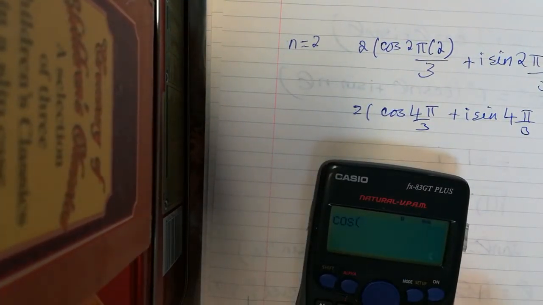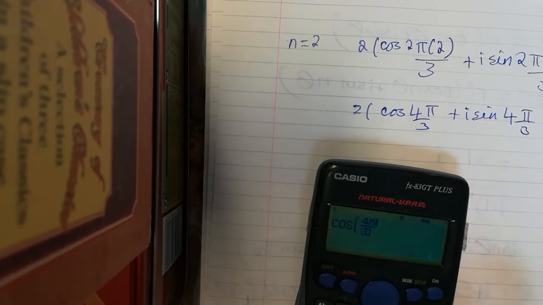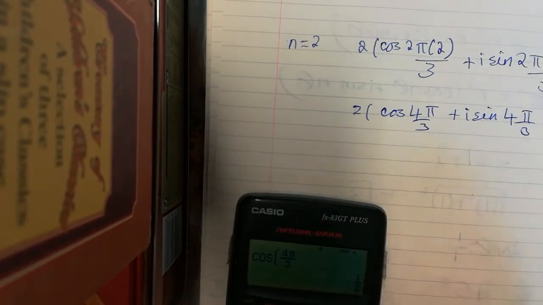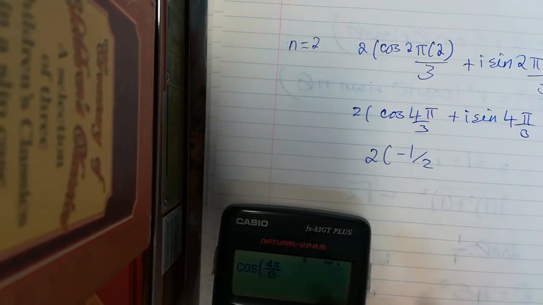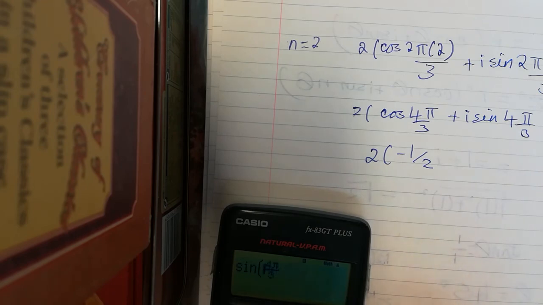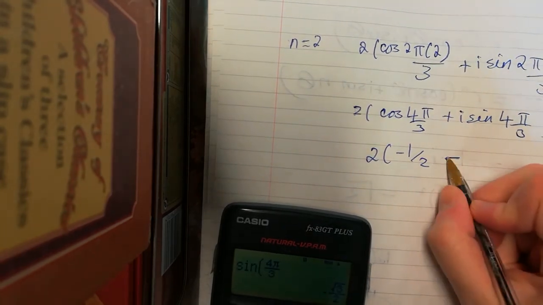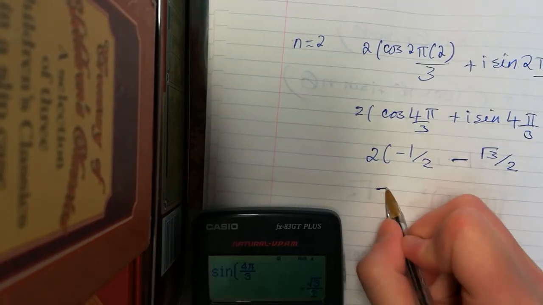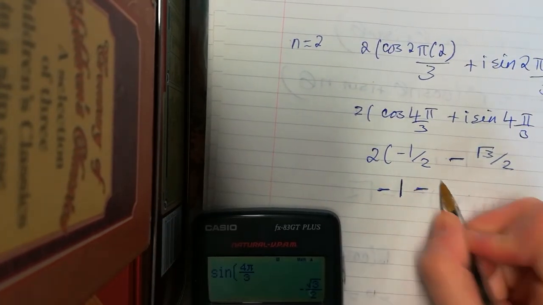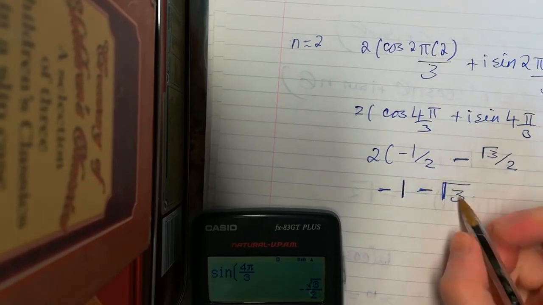Cos of 4 pi over 3 is minus a half, so it's 2 by minus a half, and sin of 4 pi over 3 is minus root 3 over 2. If I multiply this by 2, I'll get minus 1 minus root 3i.